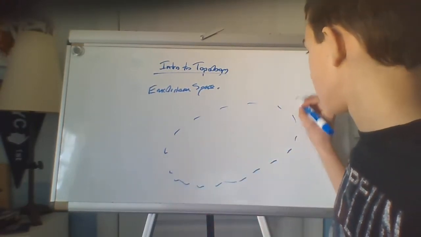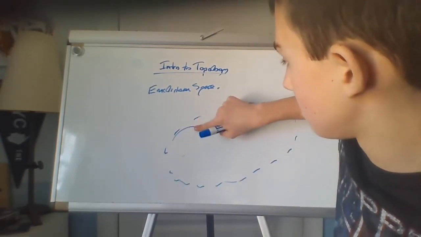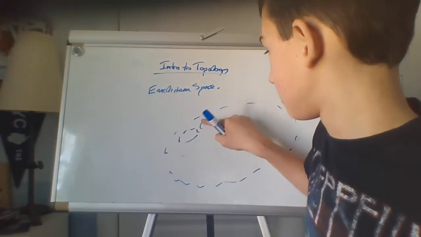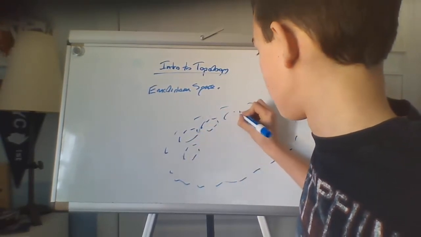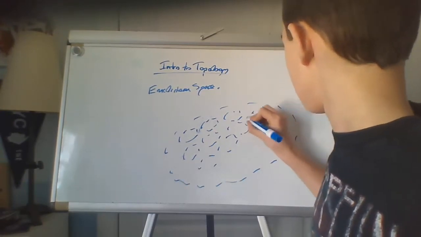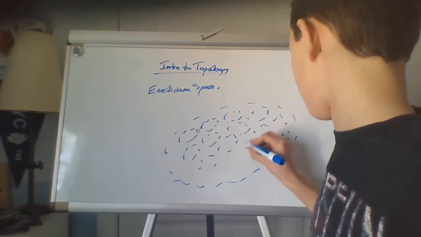Anyway, so we've got some open set, and it can be written as a union of countably many open balls like this. And of course you get the idea, just countably many open balls.